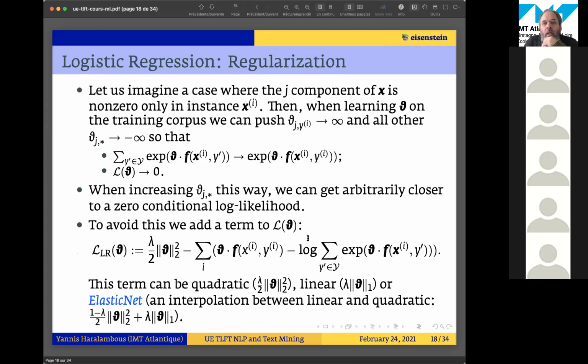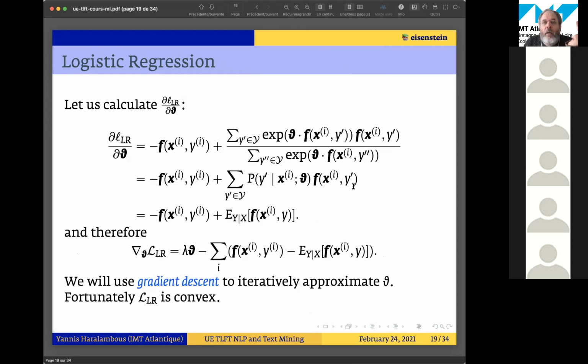And here, it's the derivative of the log of a sum of exponentials containing theta. So the derivative of the log will give me a denominator, and then the derivative of the sum is the sum of the derivatives. The derivative of the exponential is the same, multiplied by the derivative of the part which is inside the exponential. And this derivative, again, I have a product, so only f remains. You see, this is simple derivation, high school derivation.